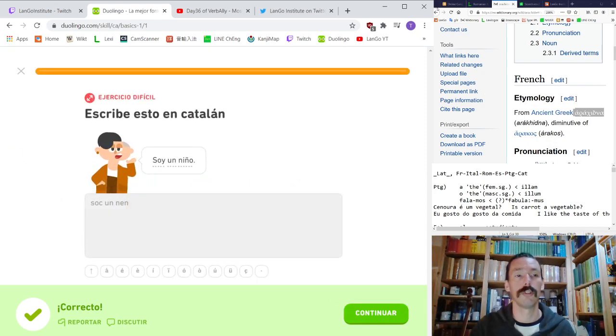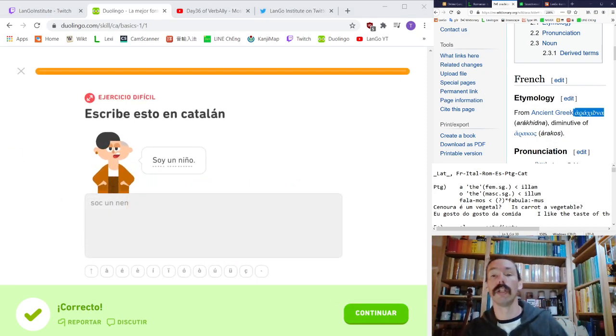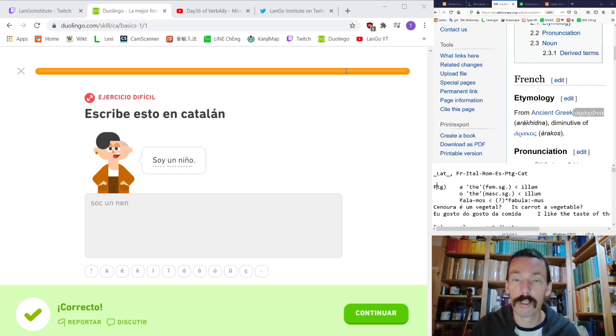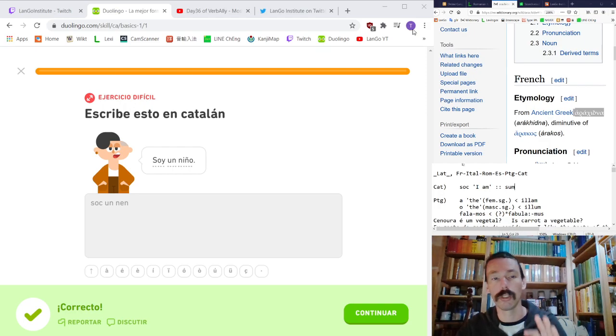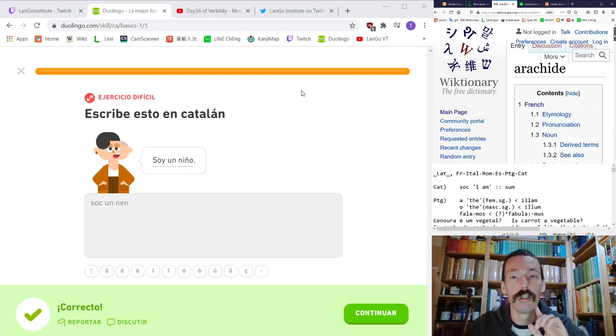How fascinating. What is this K? How did it get there? The Latin form corresponded to this. So Catalan sóc, I am. Somehow it relates to Latin sum. So how do you get from an M to a K sound? That's odd. So maybe some sort of particle or enclitic at the end.